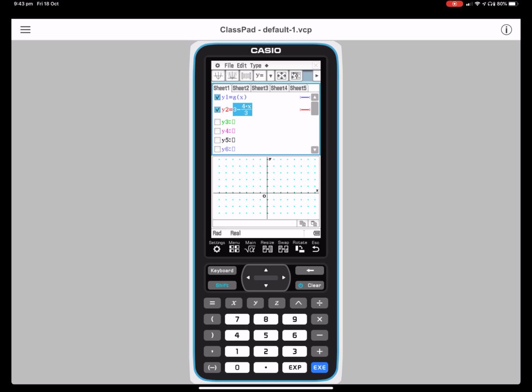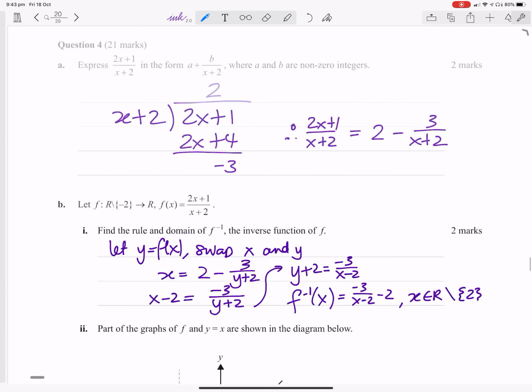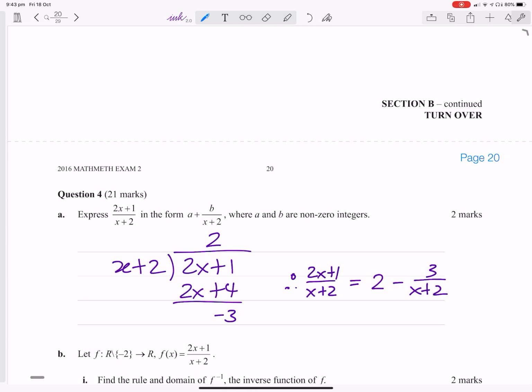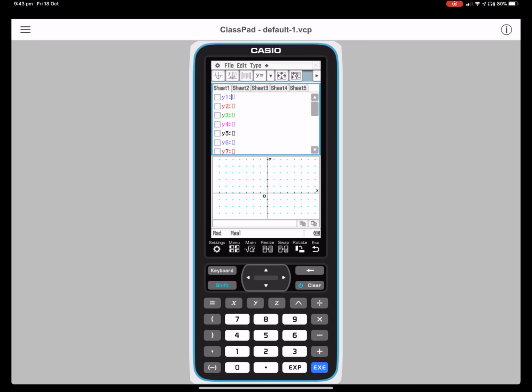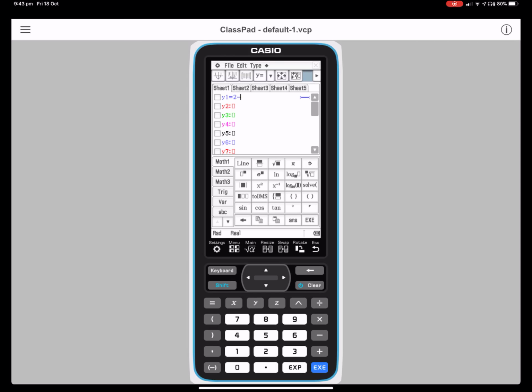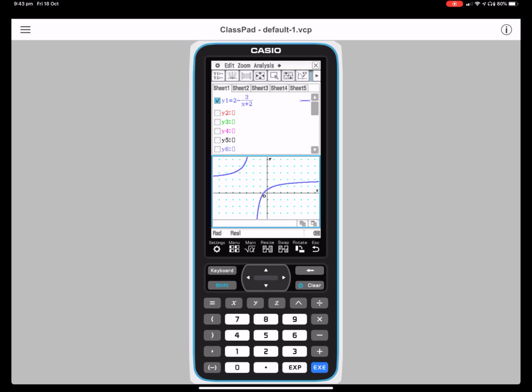What do we have? 2 minus 3 on x plus 2. Sketch it, and y equals x. Okay, let's see where they intersect. -1 and 1.